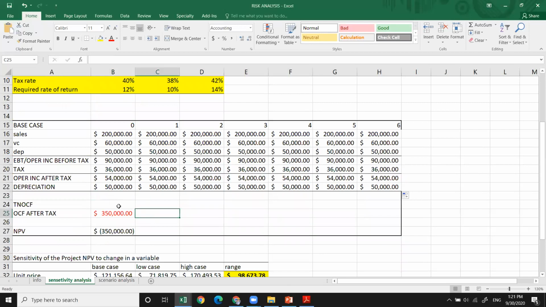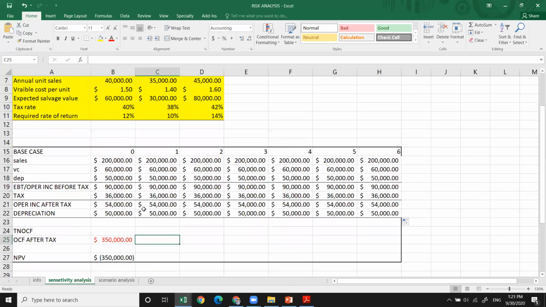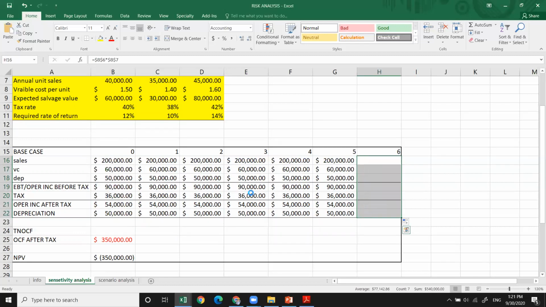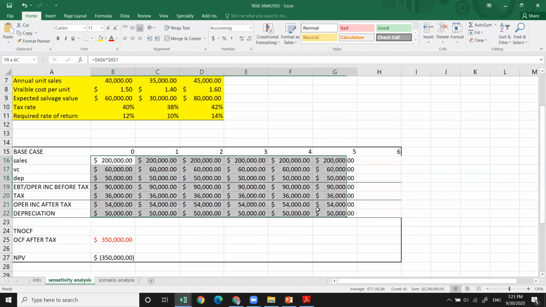Then, oops, there is some mistake in here. It's 6 years and I shouldn't have anything in year 0. Let me just erase this part and bring this part to here.